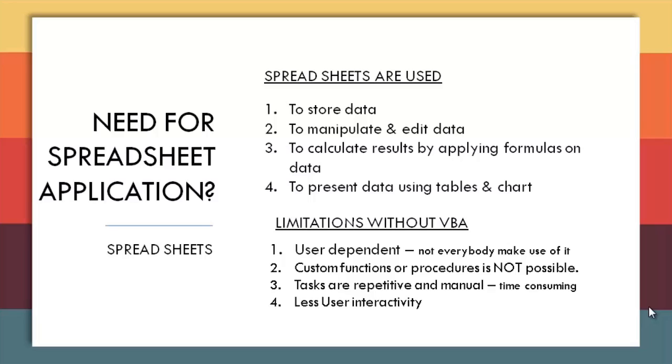For example, if a user from India enters a date in the format date, month and year, and that spreadsheet is going to be read by users from some other countries, they will be confused by that data. So you have to validate at the point of entry itself and inform the user in India to enter the date in the format month, date and year. This kind of customized user interaction is not possible with a standalone spreadsheet.